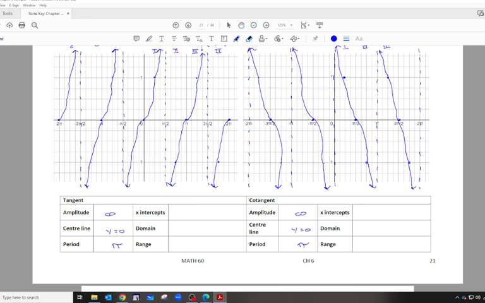I don't want to take all that room. Tan theta is equal to sine theta over cos theta. Okay, this is on your formula sheets.